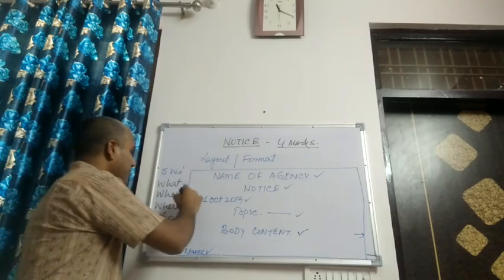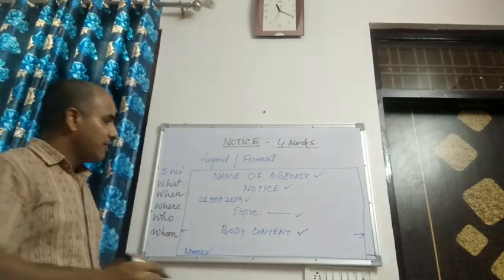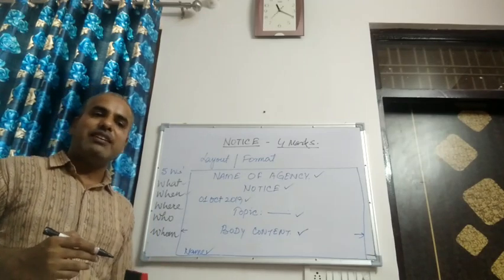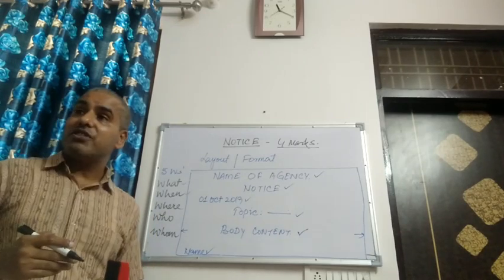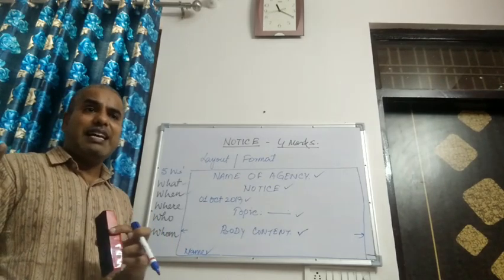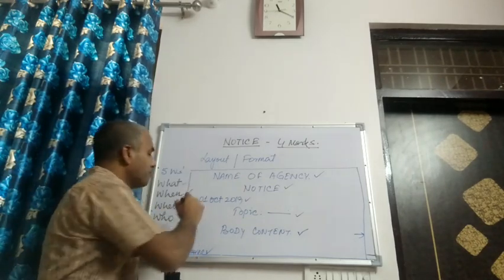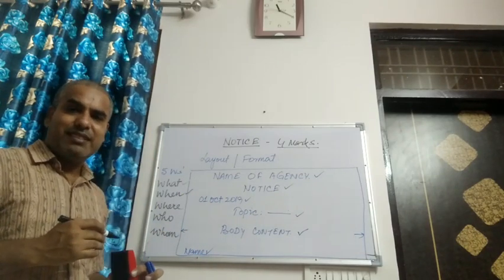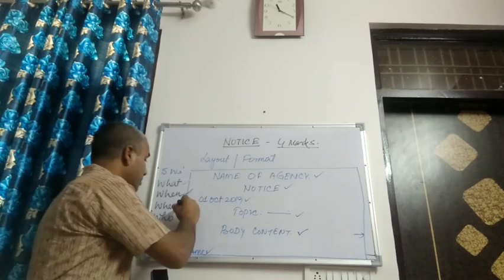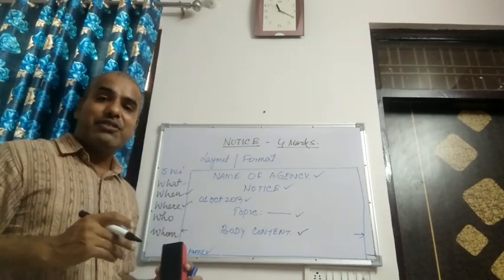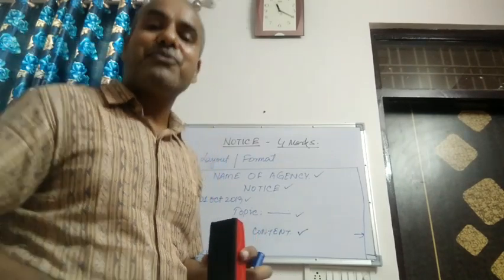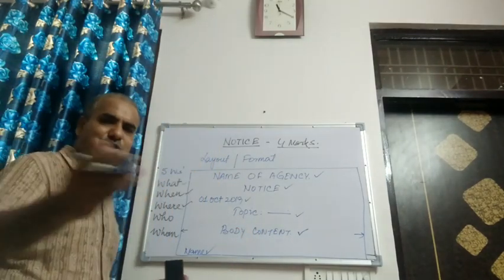When, from the heading, if it is an exhibition or an event or some inaugural function or something else, when it is going to happen. The date and the time of the event. Number 3, where, the place, venue, where it is going to take place.